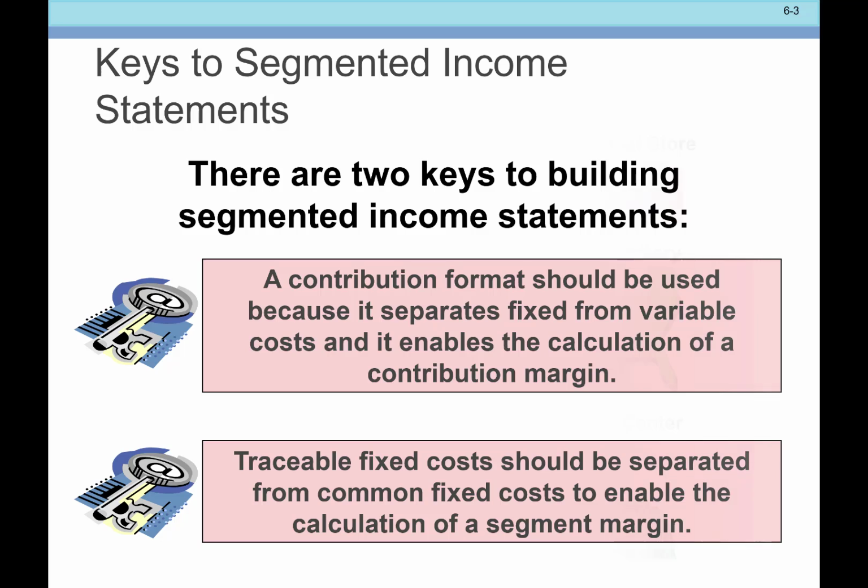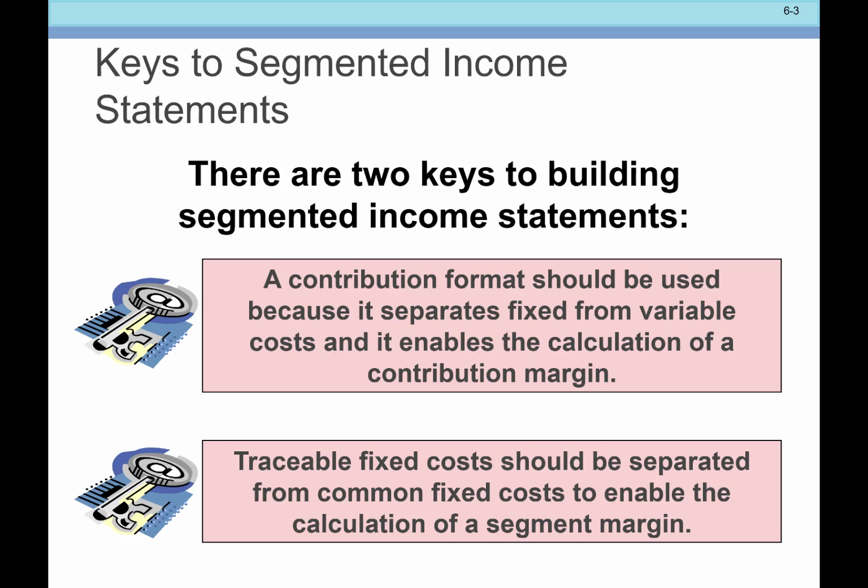When we look at these, we're going to look at them in contribution format. So we're literally going to have our revenues minus our variable cost, giving us contribution margin, minus our fixed cost, and we're going to look at something called segment margin.